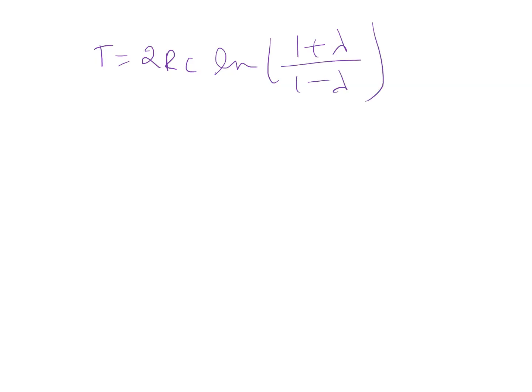So thereby we will be getting T is equal to 2 times RC ln of 1 plus lambda divided by 1 minus lambda.